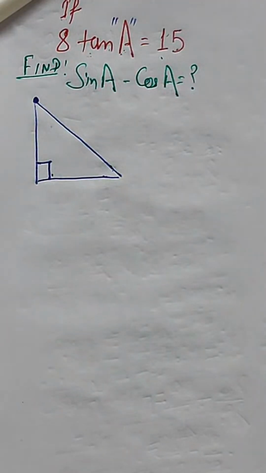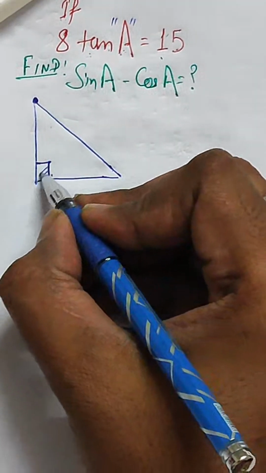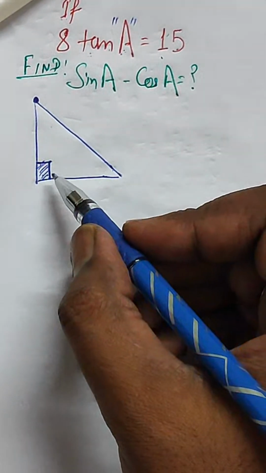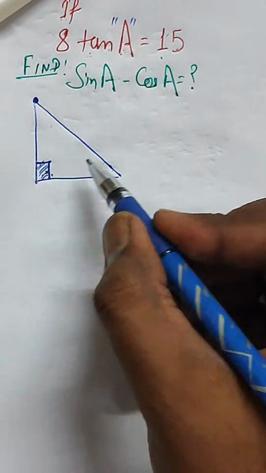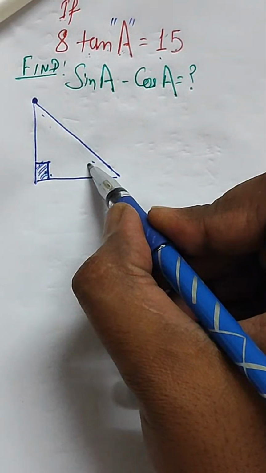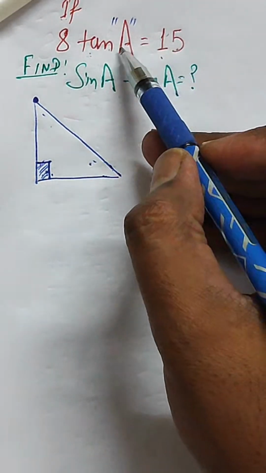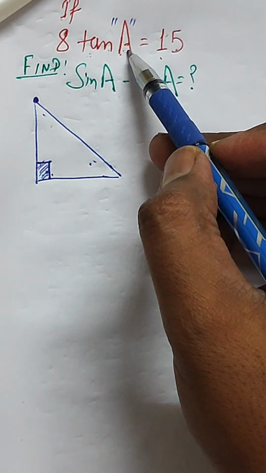In a right angle triangle, one of the angles is 90 degrees and the other angle varies depending upon the question.